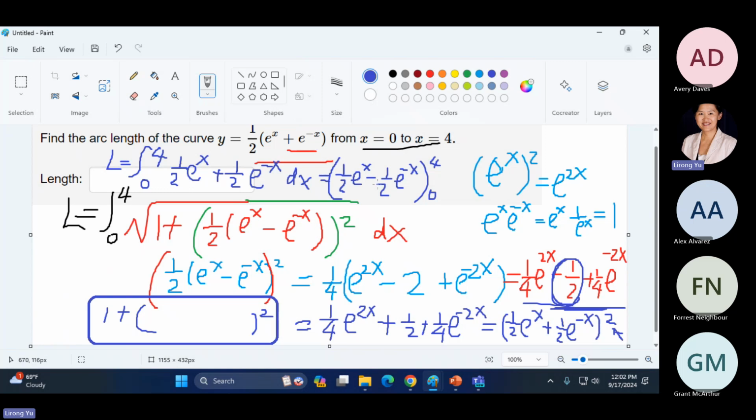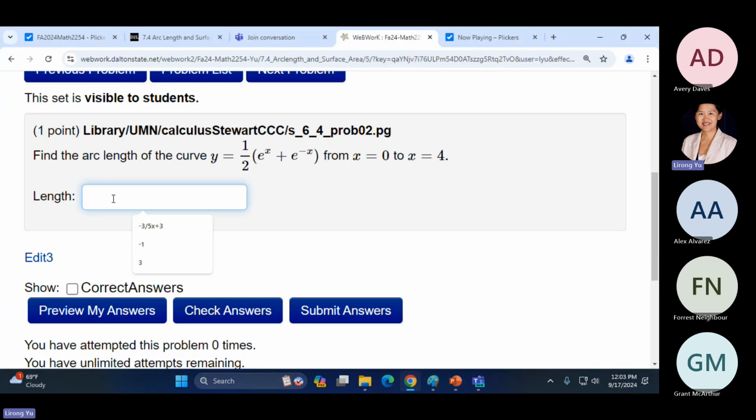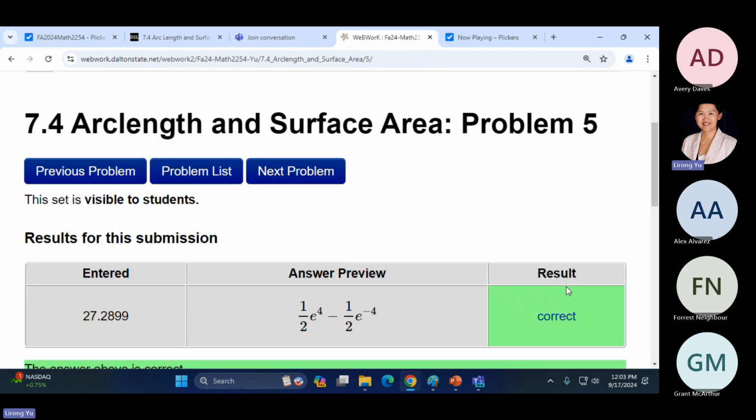We apply this similarity. So it's going to be 1/2 e to the power of 4, and then minus 1/2 e to the power of negative 4. Almost like that plus, and now I have a minus, and that offsets.